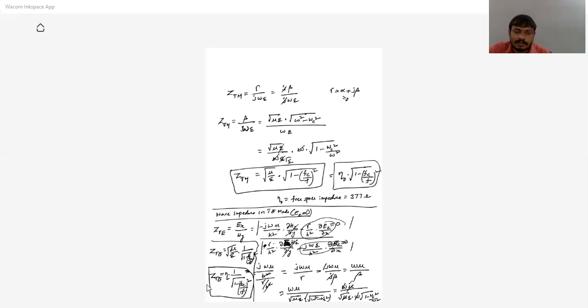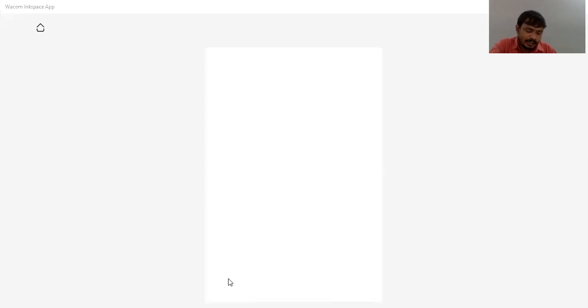Here eta is the free space impedance, that is 377 ohms. Now we are writing the wave impedance in TE mode and in TM mode. ZTM is equal to eta into root 1 minus fc by f whole square.